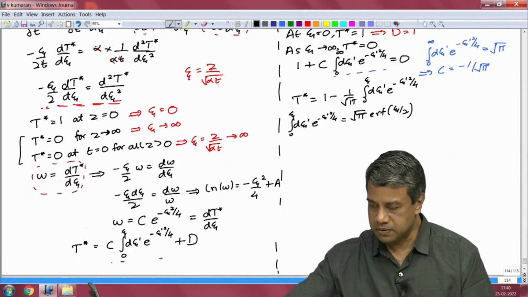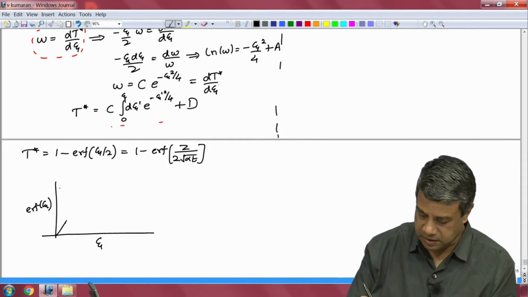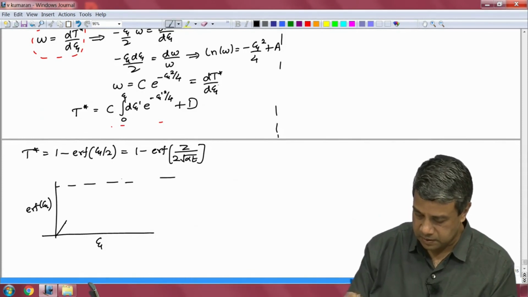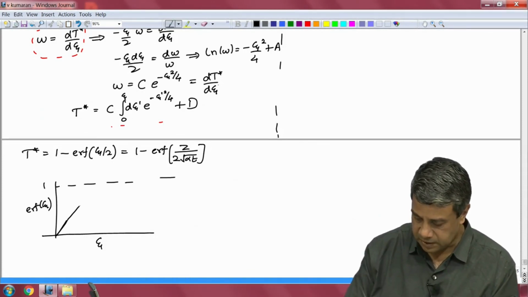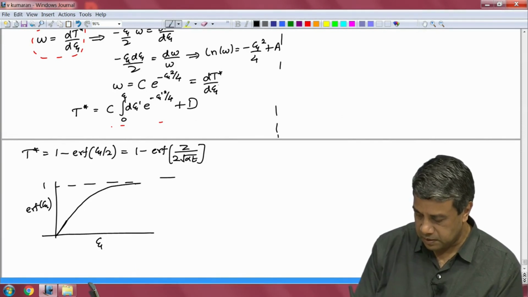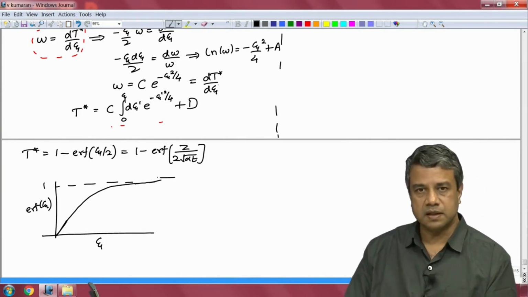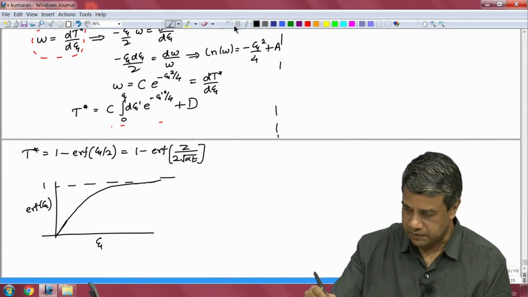And as psi goes to infinity, this function increases to a value of 1. It asymptotically reaches 1 as z goes to infinity.